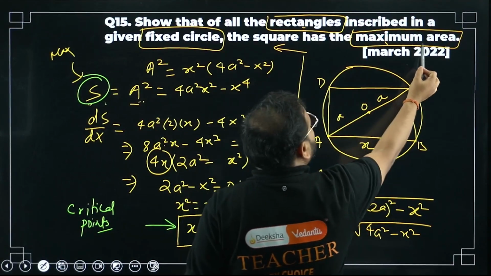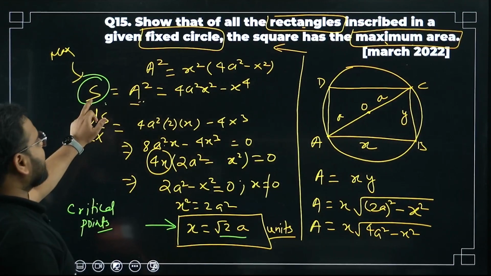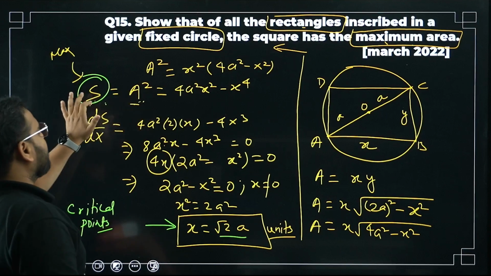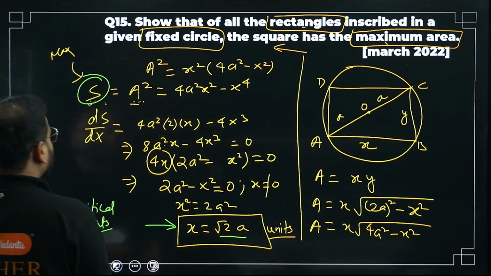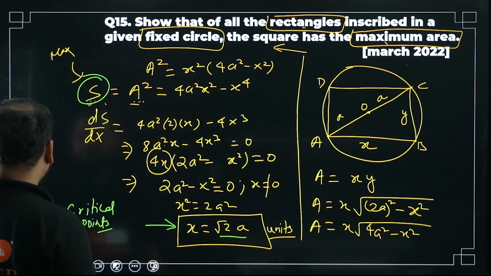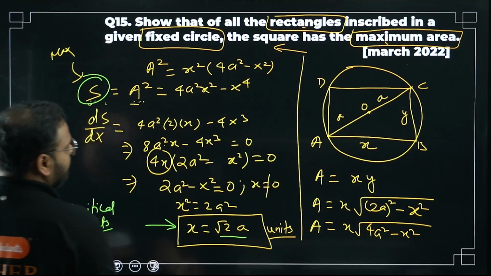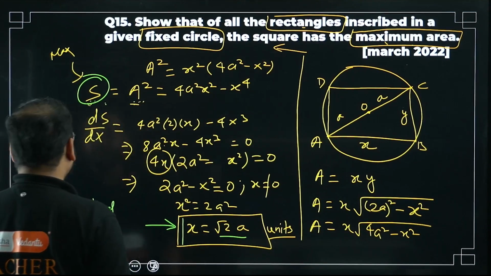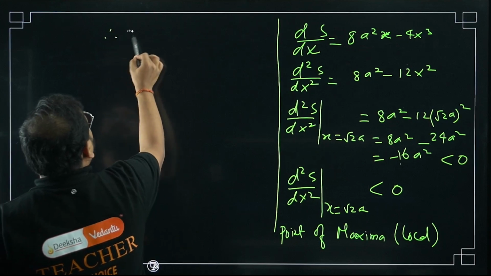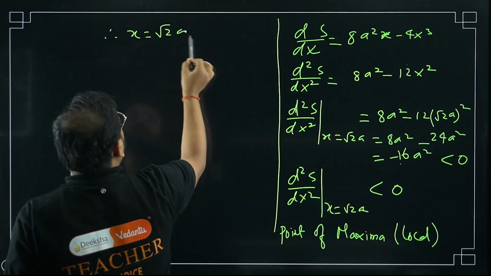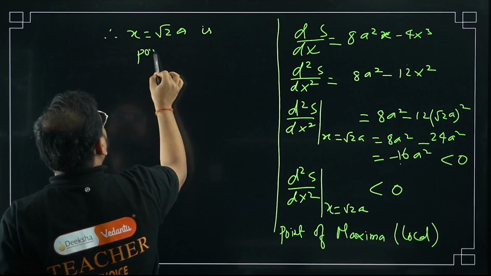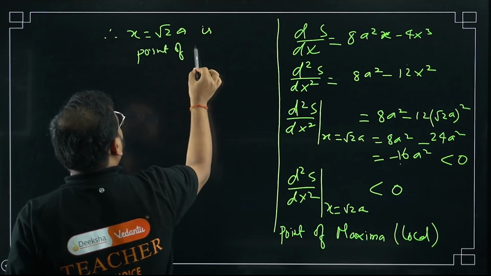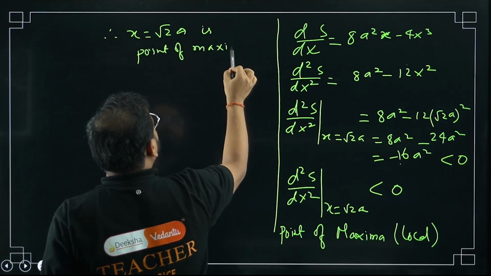We had to maximize the area. We ended up maximizing S, but S is a square. It means when S is maximum, a² is maximum, and it means a is also maximum. So what are we getting now? Please check. X equals root 2a is the point of maxima, no?